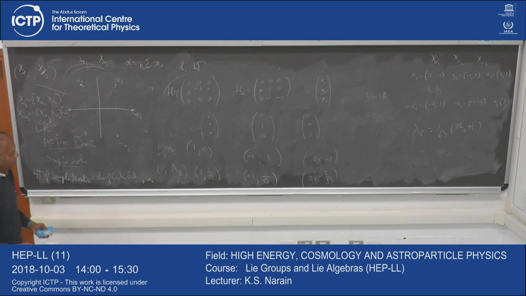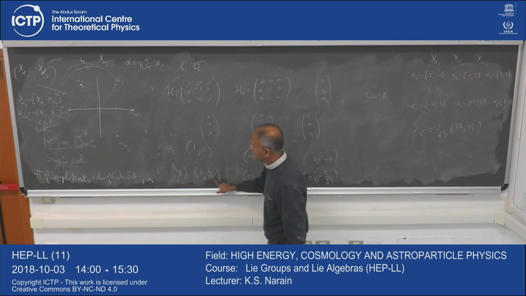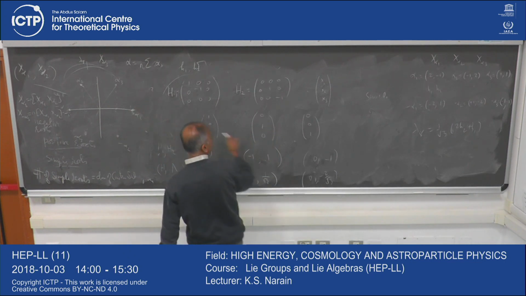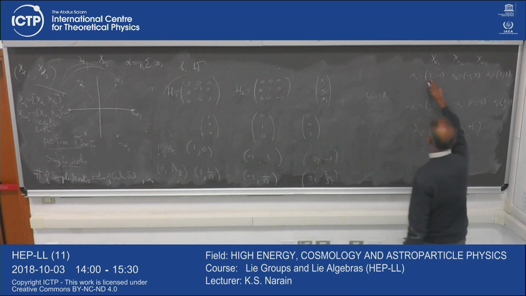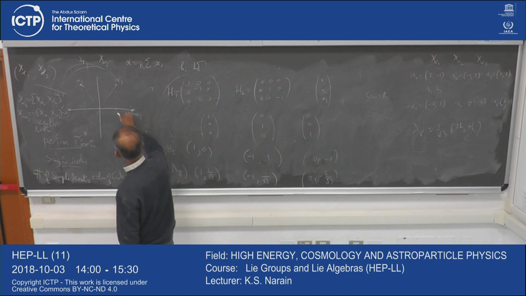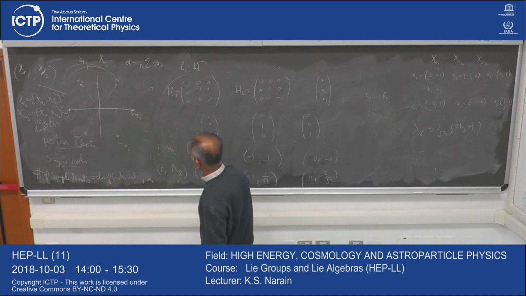Okay, now let's plot it here. So this one is 1 over root 3. Remember that was a 2 for the H1, so this is the half. So you come here to the half and 1 over root 3.